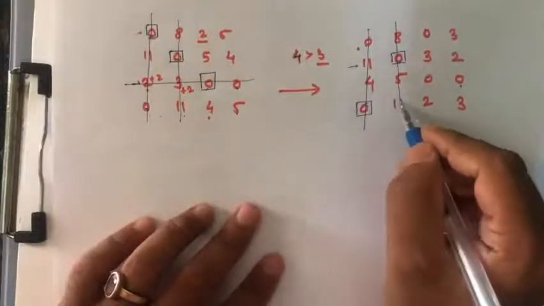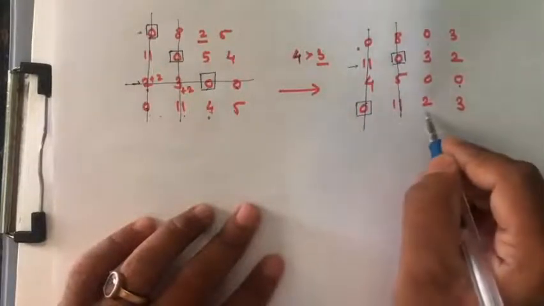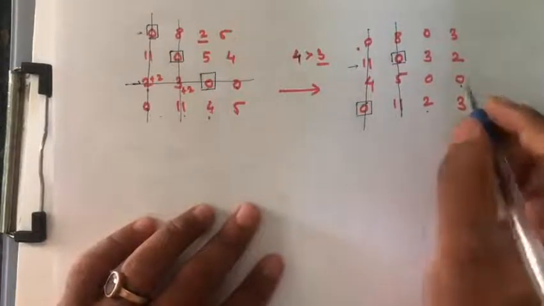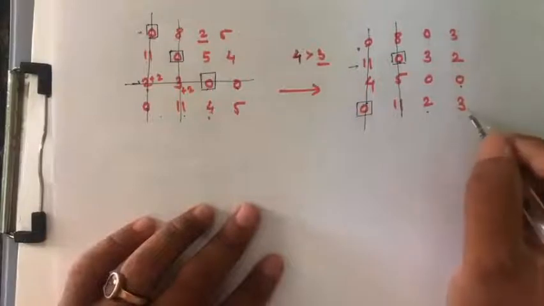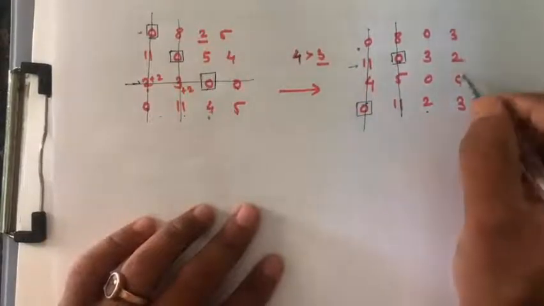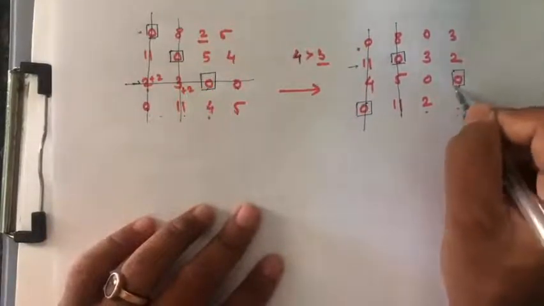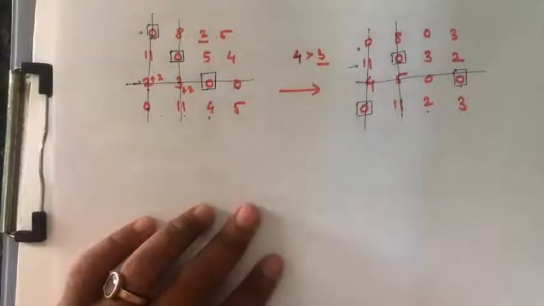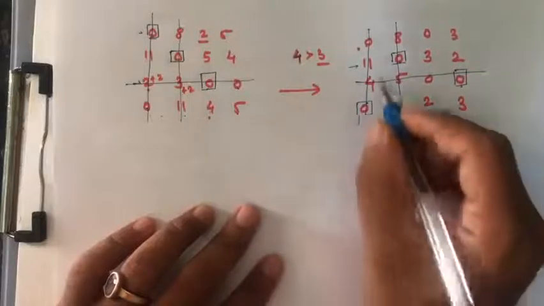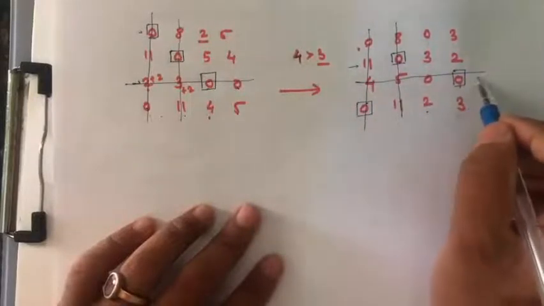The first and second columns are already cancelled, so we directly go for the third column. In the third column we have 2 zeros, so we leave this column as it is. Now we go for the fourth column. We have only 1 zero, so we mark it as a square and we cancel this row, or we draw a horizontal line passing through that 0.